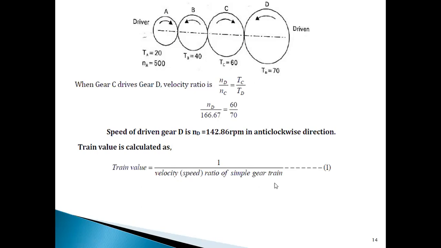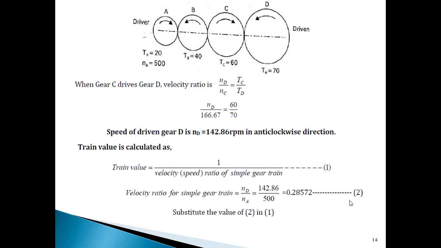The velocity ratio for a simple gear train, that is ND by NA, is equal to TA by TD. So 1 divided by the velocity ratio, you will get the train value. The same thing we are doing here. ND by NA gives you the velocity ratio, and 1 divided by the velocity ratio gives you the train value. Once you substitute, we get the train value: 1 divided by 0.28572 will give you the value of the gear train.